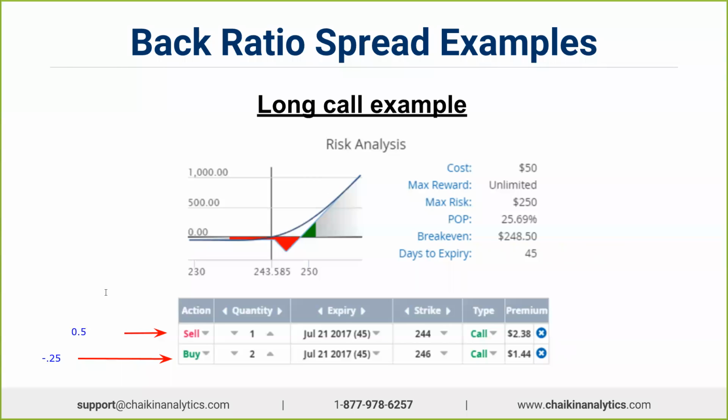Why? I'm going to take the 0.5 and I'm going to subtract 2 multiplied by my delta. I did these backwards actually. The short call would have the negative delta and the long calls would have the positive delta. So in this case, it would be a negative 0.5 and a positive 0.25.